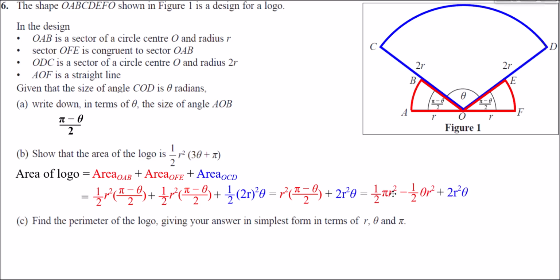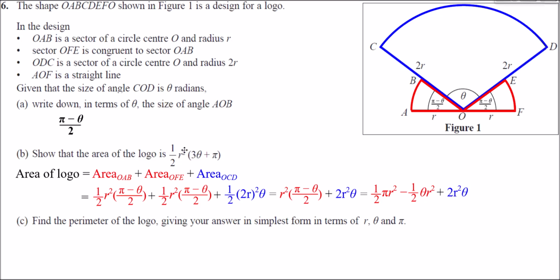And then I'm pretty much done, because we can see now that the half is going to be a common factor, as is r squared. I've got r squared in each term here. Theta r squared is the same as r squared theta. So 2r squared theta minus a half of r squared theta, that overall will be 1.5 r squared thetas. And 1.5 r squared thetas is the same as 3 halves.